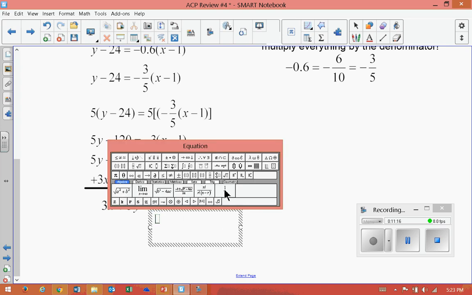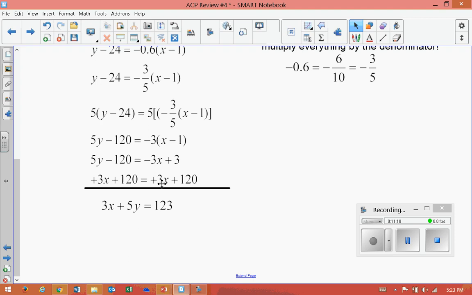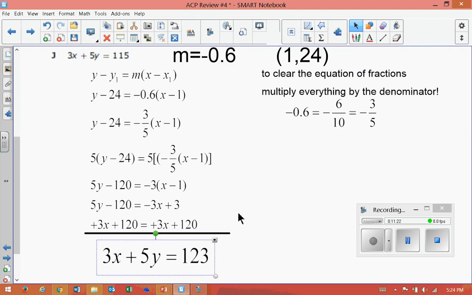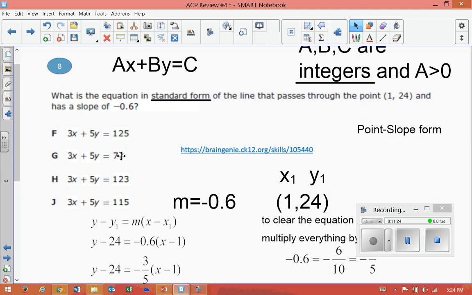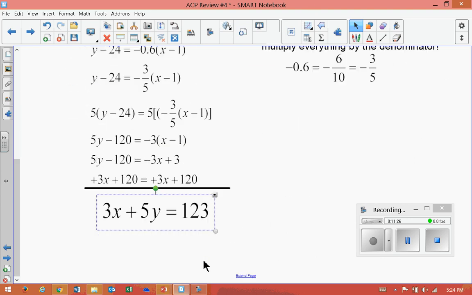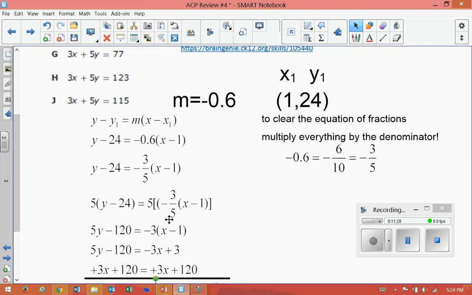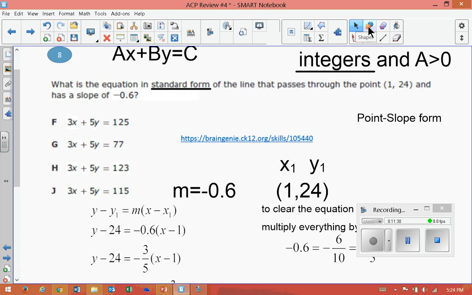And as you can see, this is in standard form. That's in standard form. And since this is our conclusion, that means our answer is, that would be H.